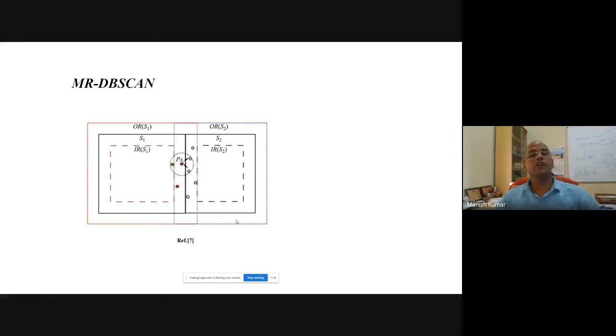What we are doing in this case is, the left part is one cluster we are getting from one terminal, and the right part is a cluster we are getting from another terminal. So we have two different clusters. We define the outer region OR of S1, whereas the inner region IR of S1, and S1 and S2 are the clusters from the two terminals.